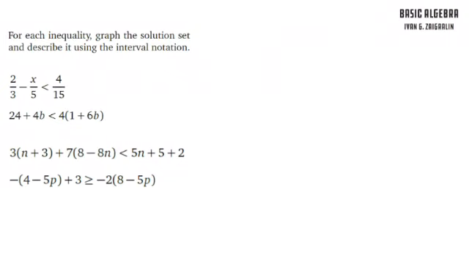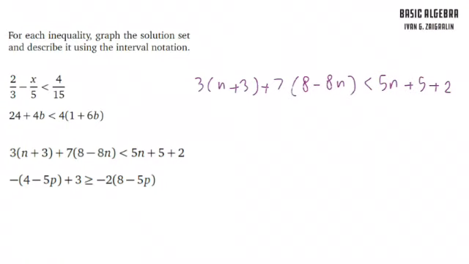And the next inequality, 3 times n plus 3 plus 7 times 8 minus 8n is less than 5n plus 5 plus 2. So firstly, we multiply the numbers by the expressions inside the parentheses on the left side.